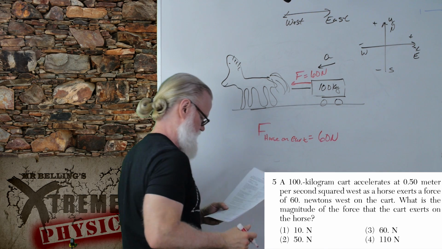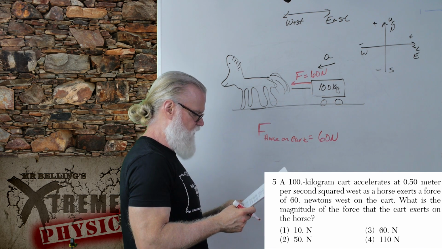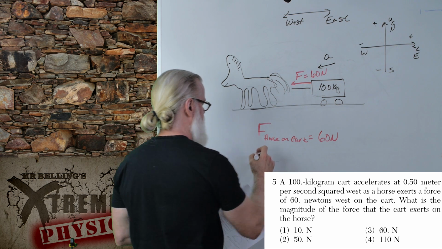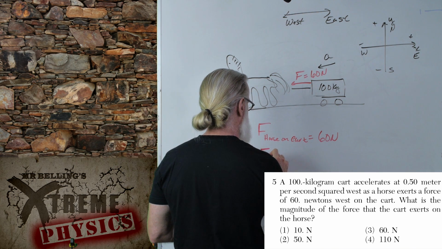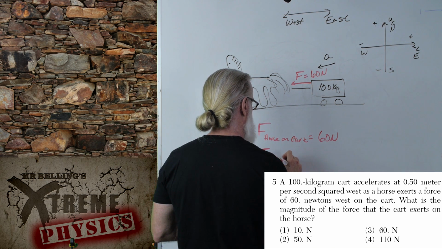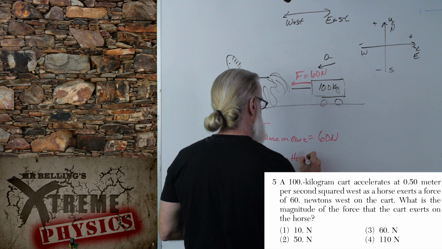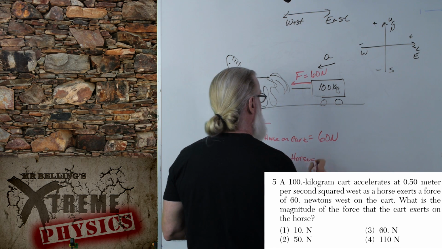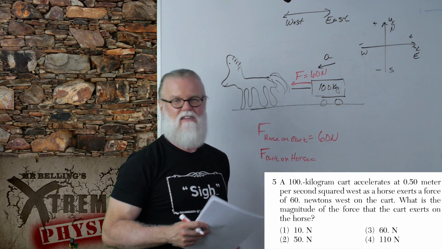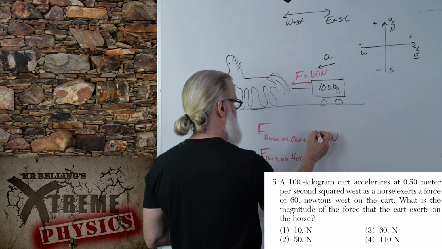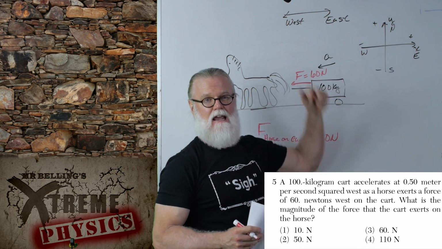All right. What is the magnitude of the force that the cart exerts on the horse? They want to know the force of the cart on horse. What does that equal? And actually, I wouldn't say that was 60 newtons. I would say that's negative 60 newtons, because that's in the negative direction.